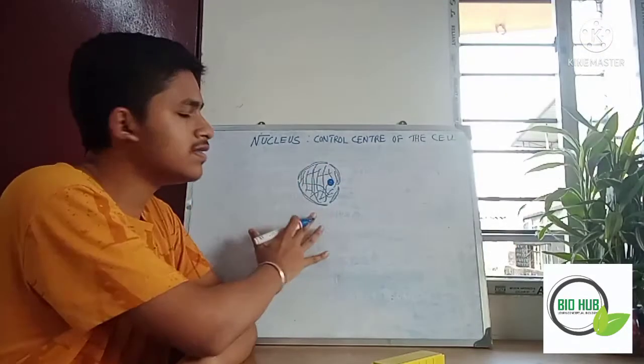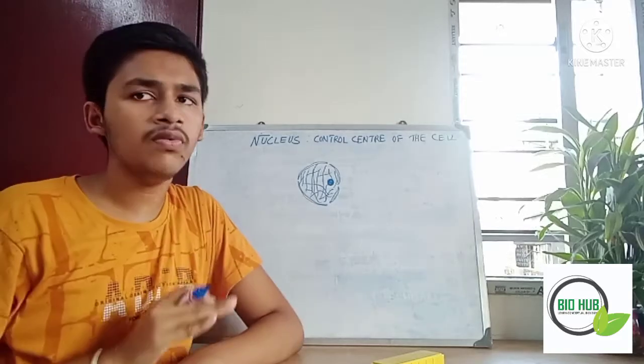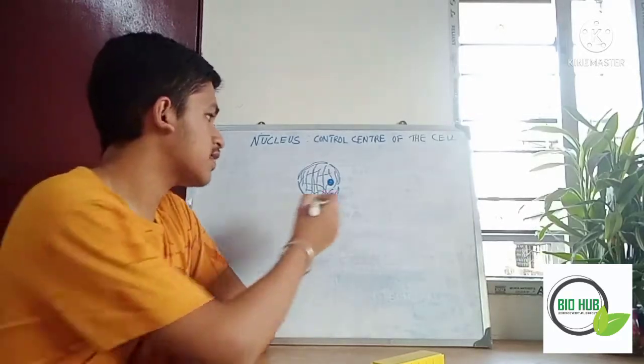So this whole thing is the nucleus. This is found in the plant cell as well as in the animal cell.